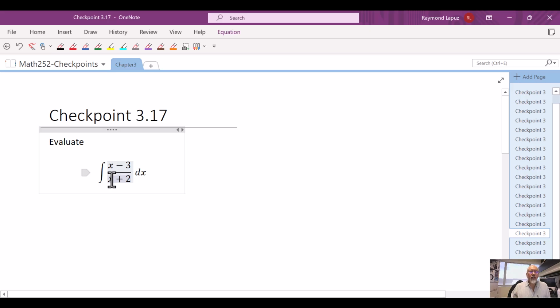But if the degree on top is bigger than or equal to the degree on the bottom, then there are things we can do to split up the integral. One way is long division, so that we have a larger degree in the denominator.